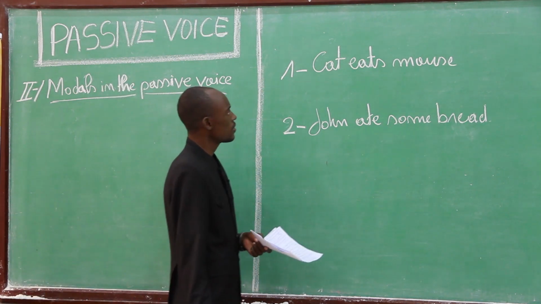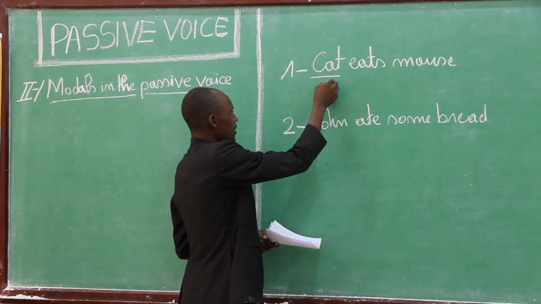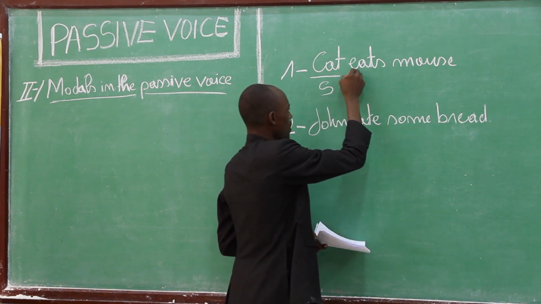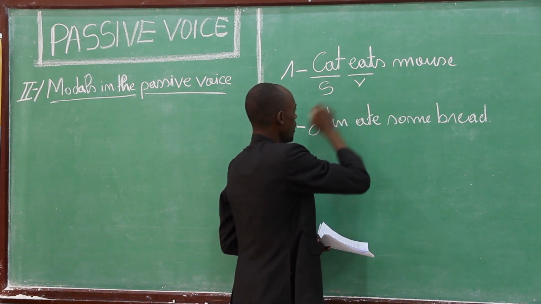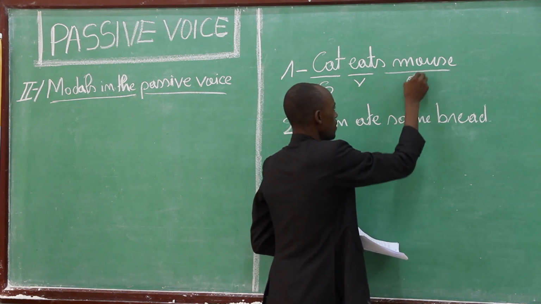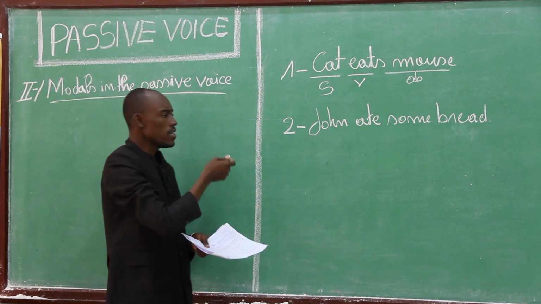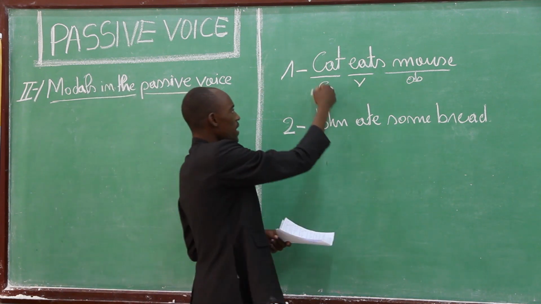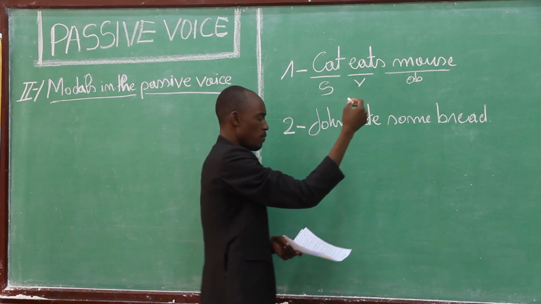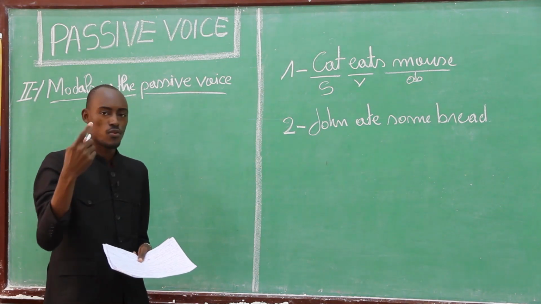Okay, let's say something. Here we have the subject, and after the subject we have the verb, and after the verb we have the object. The object is here. And what do we notice here? Here we notice that the subject does the actions of the verb. The subject performs the actions of the verbs.